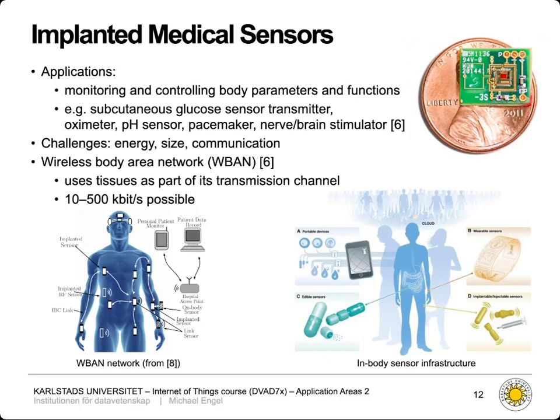Now the problem is, how do you actually install these devices? Of course, one thing would be surgery, and that's a very common way for devices that have to be implanted permanently. But sometimes you want a temporary sensor solution. So as shown on the lower right-hand side here, there are also developments already where you have ingestible sensors.